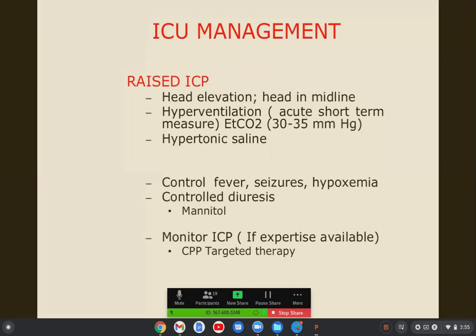So for the first 4 hours do pupillary assessment every 15 minutes, after 4 hours hourly, and after 8 hours every second hour up to 24 hours, so that you have a fair idea of how this cerebral insult is progressing.